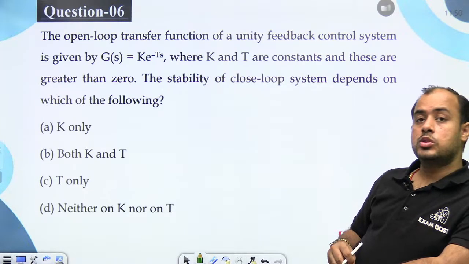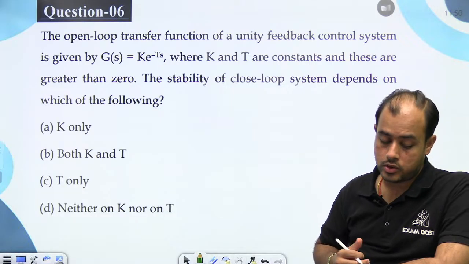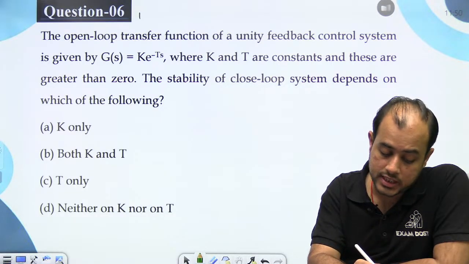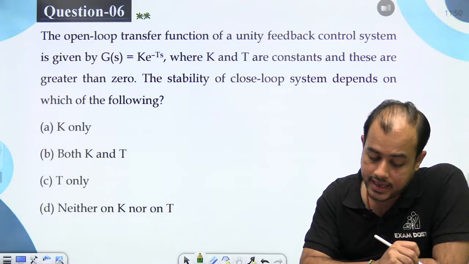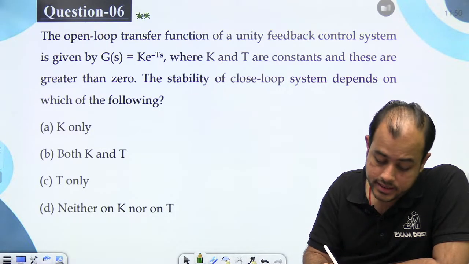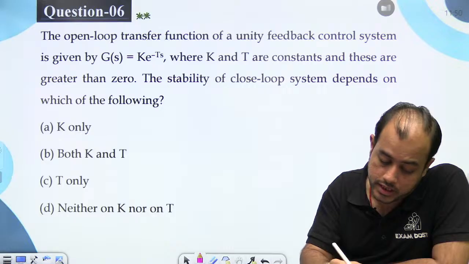Now, ESE 2007. This is a good question. Open loop transfer function of a unity feedback system is k e to the power minus sT. Stability depends on which of the following.